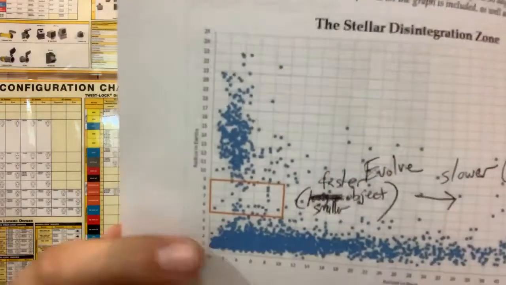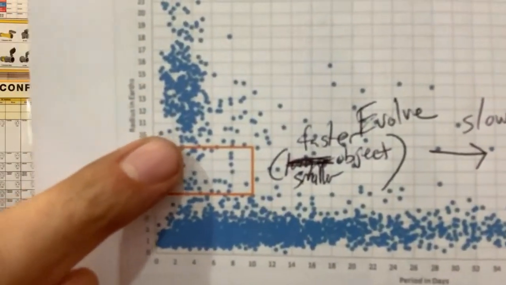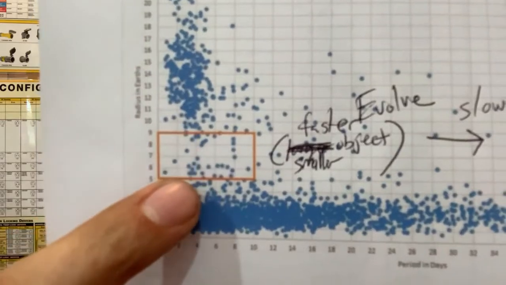And of course, I have all this written down here in different wording. But basically, the trick to understanding this is to understand that, of course, we have evidence of gas giants losing their atmospheres. This is direct evidence for it happening. That's why these objects right here are being ripped apart.